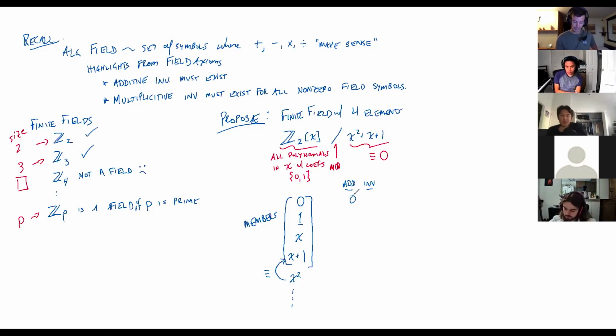X squared plus x. Okay, but we're looking for something in the field. Oh, yeah. Yeah. What do I add to 1, with these arithmetic rules, to get to 0?